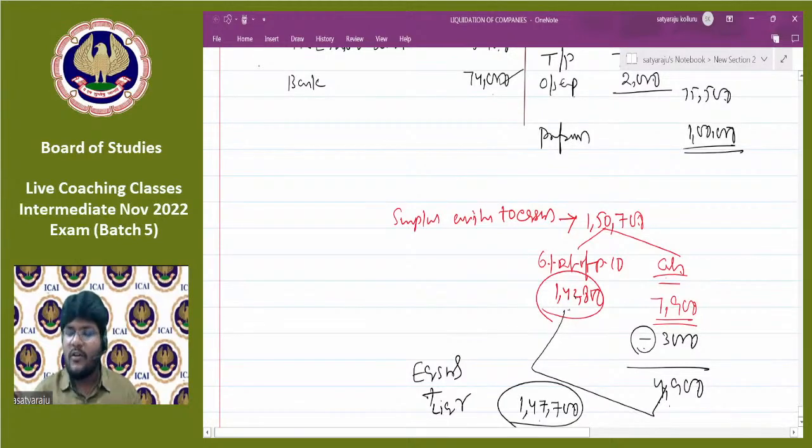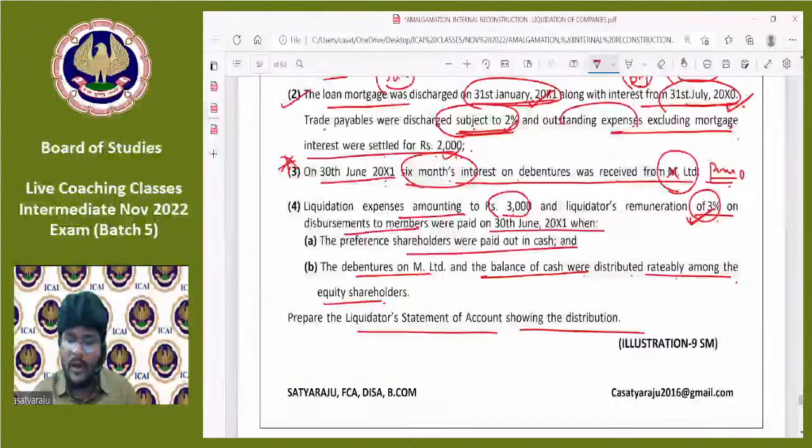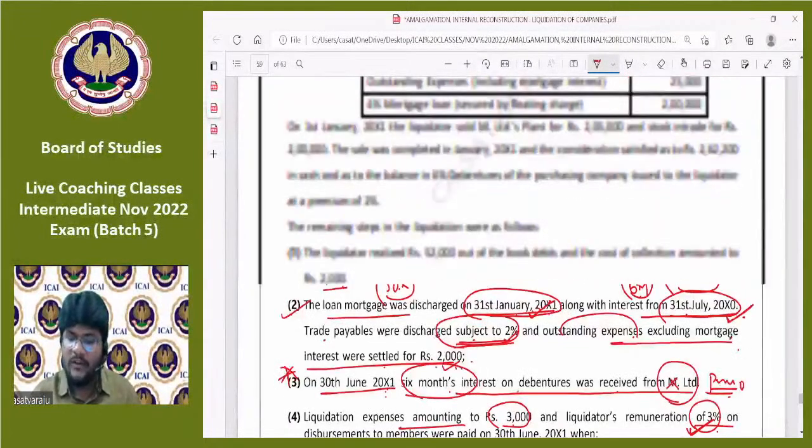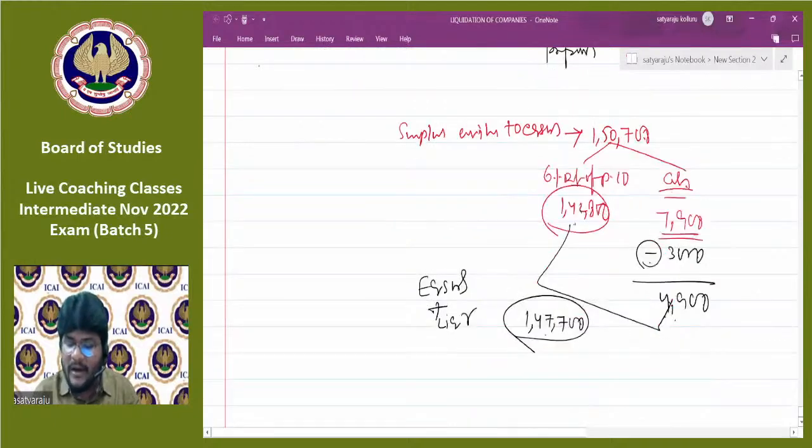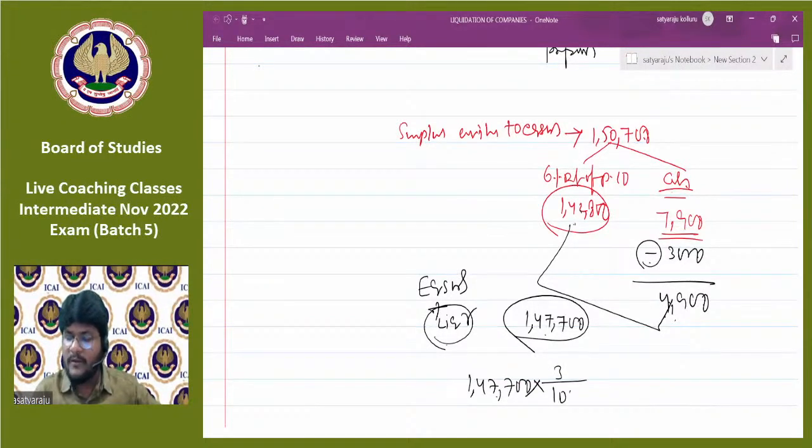Which is not sufficient to make repayment to the equity shareholders, because equity shareholders were 2 lakhs. That's why while calculating the liquidator remuneration, the surplus available into 3 by 103.